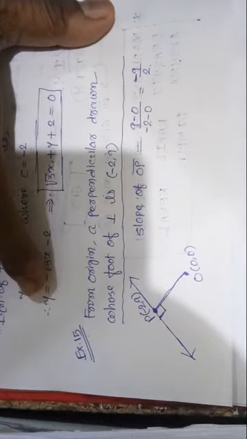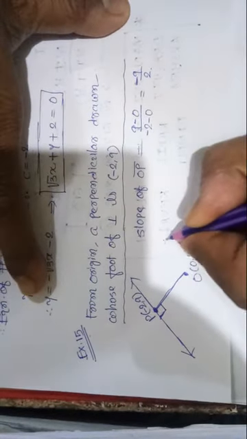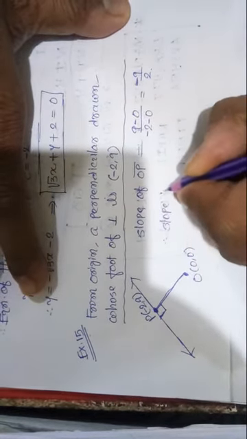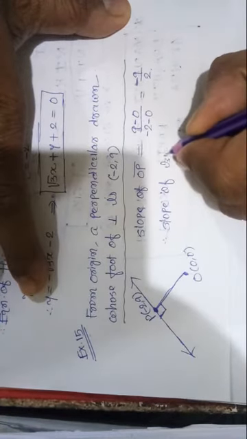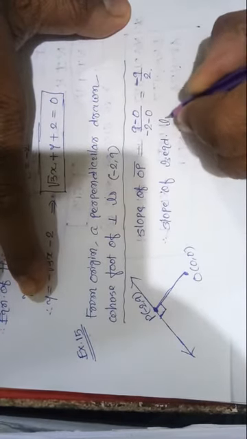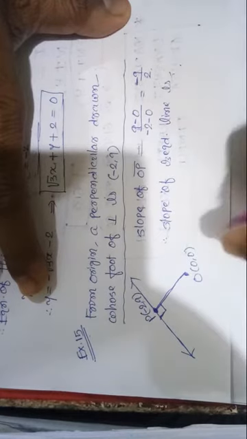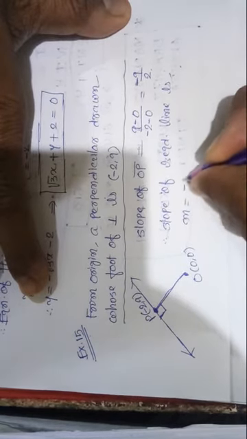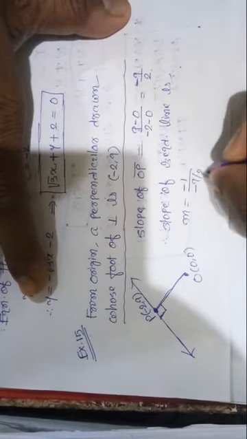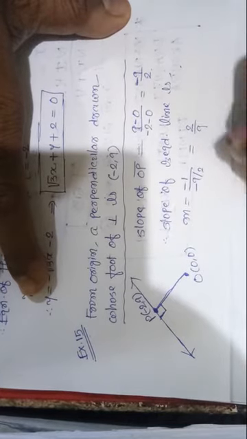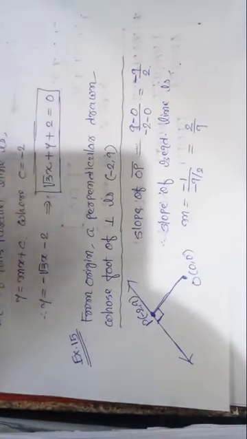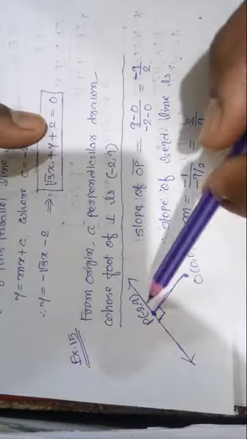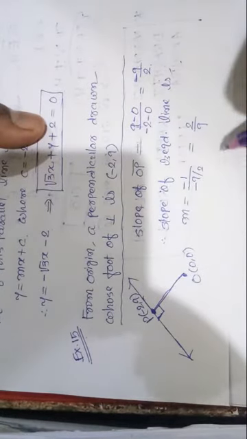And the slope of the required line is the opposite and reciprocal of it. So m is equal to -1 divided by -9/2, which is 2/9, the slope of that perpendicular line. Also, that line passes through (-2, 9), and we have the slope.